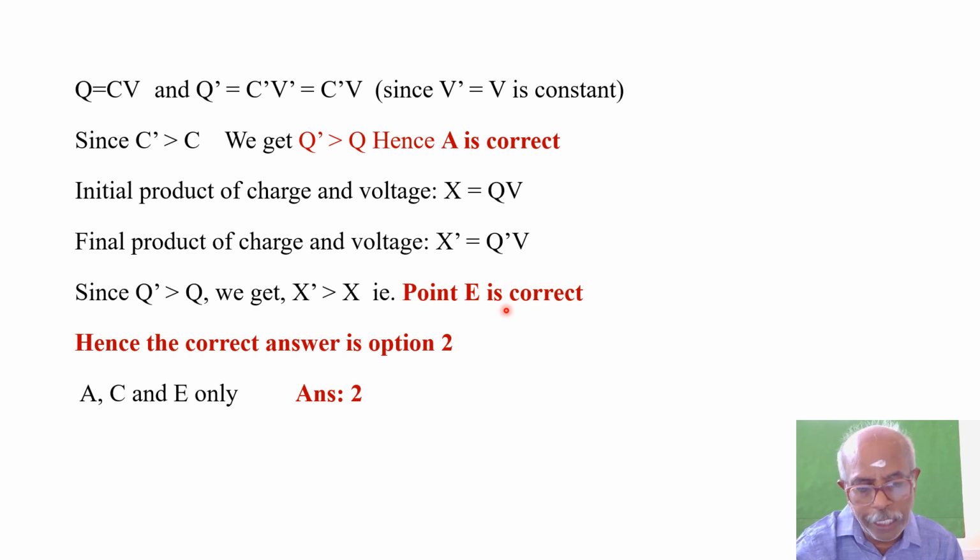What your point E says, the product of charge and voltage increases. Since X dash is greater, point E is also correct. What does it mean? Of the 5 points, A, C and E only are correct. B and D are wrong. So option 2 is the right answer. So your answer is 2.